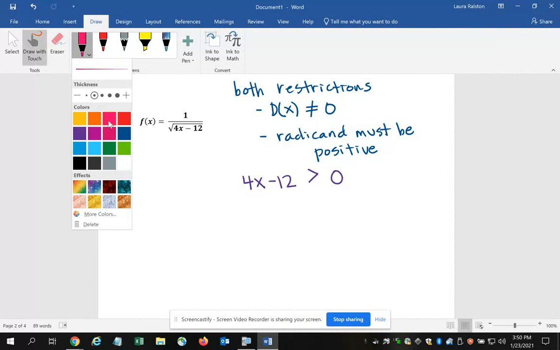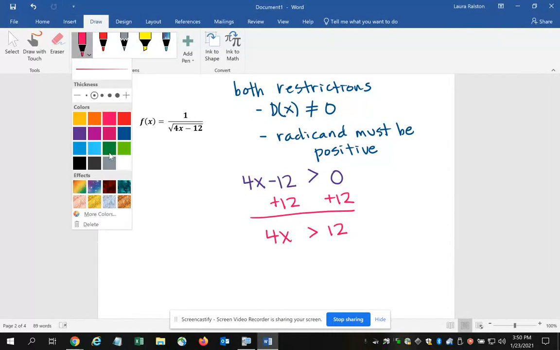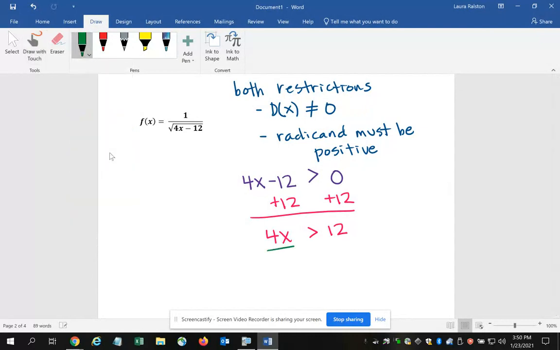And again, you solve it, good old basic algebra, add 12 to either side. So 4x is greater than 12. And then we're going to divide both sides by 4. I don't have to flip the inequality this time because I didn't divide or multiply by a negative. So x is greater than 3.